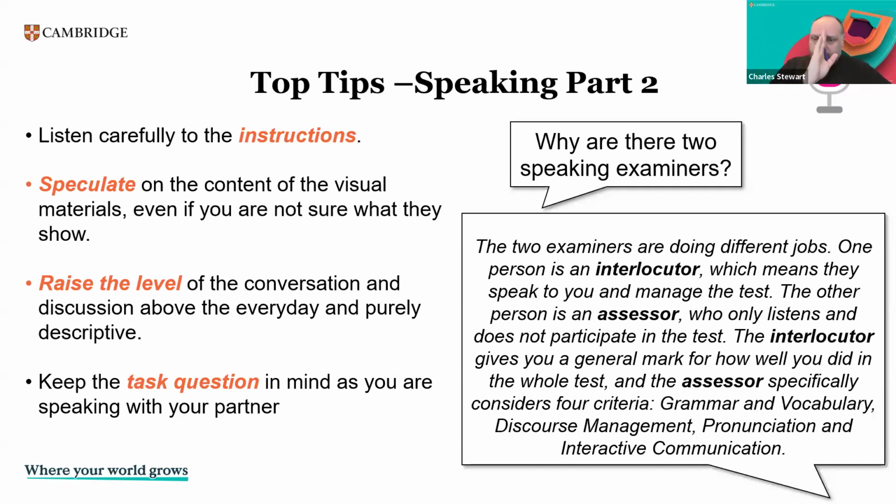Focus on either the person in front of you, the interlocutor, or if you are in part two speaking to your partner, focus only on your partner. Forget about the assessor. They're there to score you on the five criteria: grammatical resource, lexical resource, discourse management, pronunciation, and interactive communication.